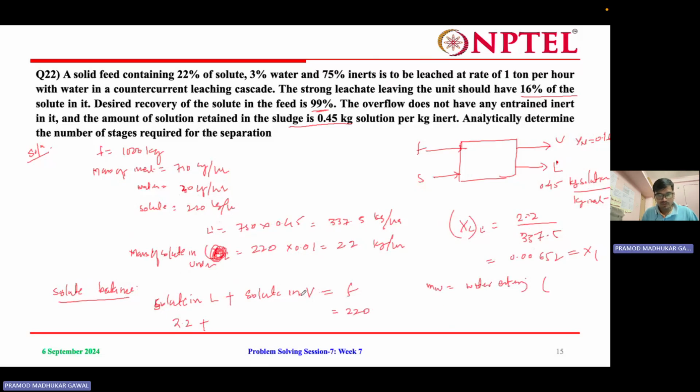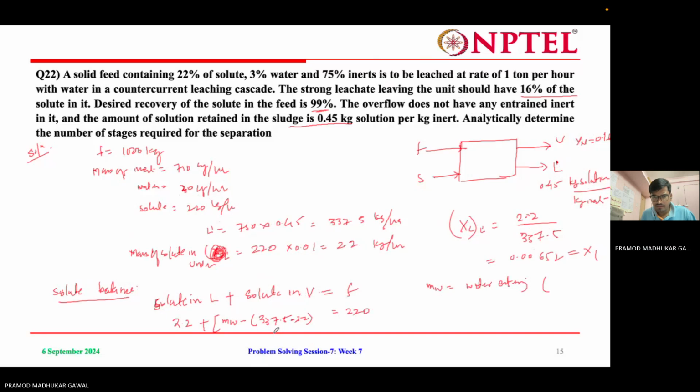So solute in V is MW minus 337.5 minus 2.2. So this is the water.